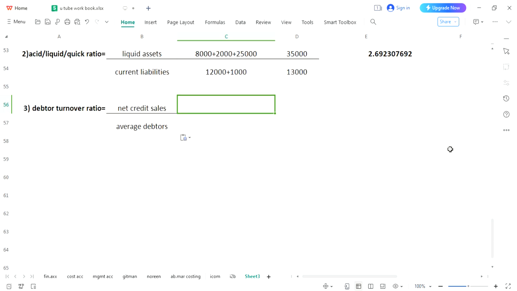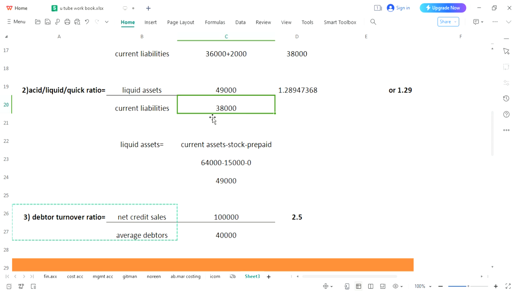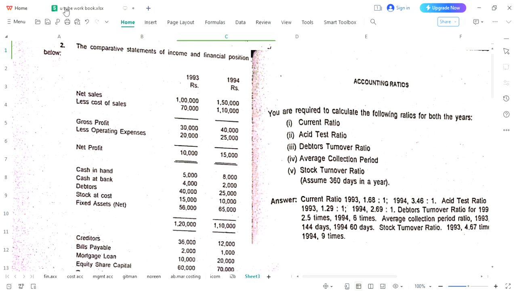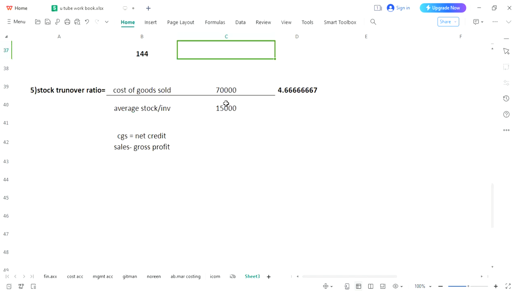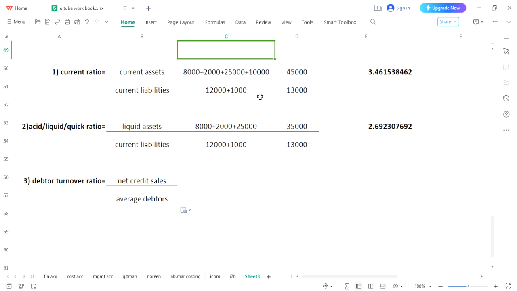Alright guys, so now we are going to see debtor turnover ratio for second year. Net credit sale is needed, and here net credit sale is present 1,50,000. Please note it down. So just put 1,50,000 over here, and I need your attention. Please be careful. Here we need average debtors. And how do you calculate average debtors?